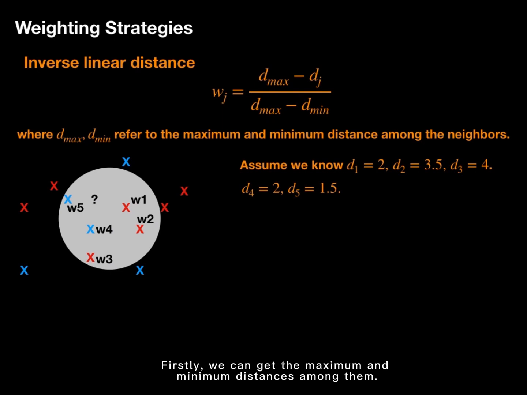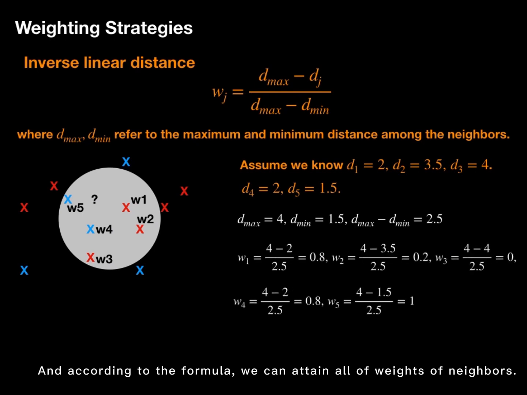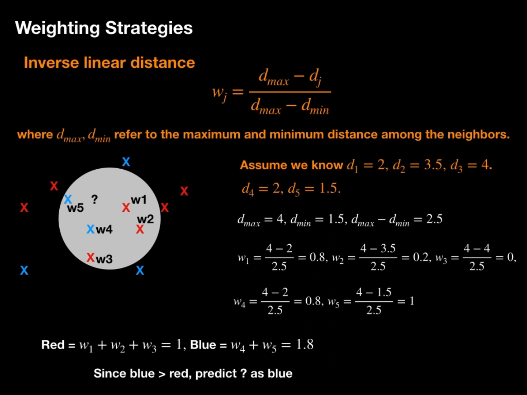Firstly, we get the maximum and minimum distances among them, and then according to the formula, we can attain all of the weights of the neighbors. Finally, do the summation of red and blue respectively. Since the summation of blue is larger than red, we predict the question mark as a blue sample.